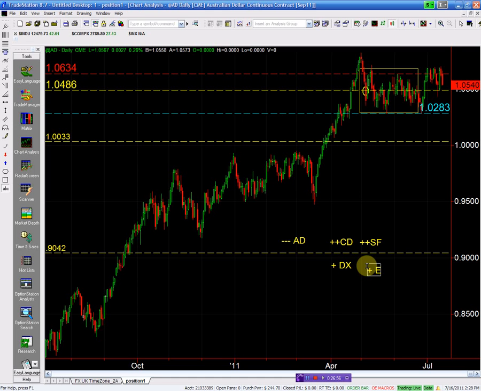and then you can be looking at maybe the euro Aussie. So you're going short the euro Aussie, you're going short the Aussie dollar, you're going short the Aussie CAD, you're going short the Aussie Swiss.